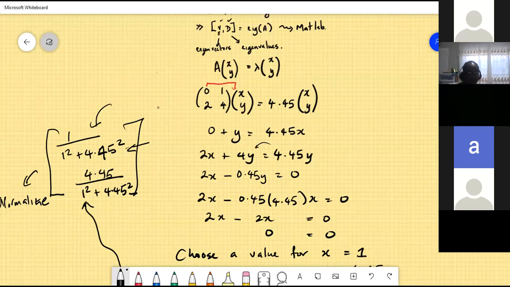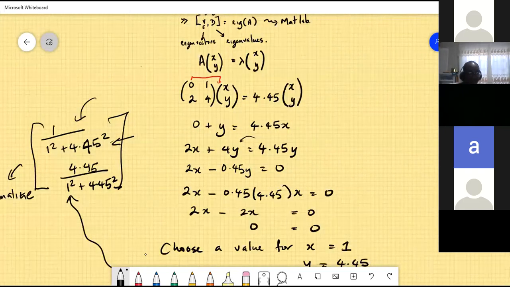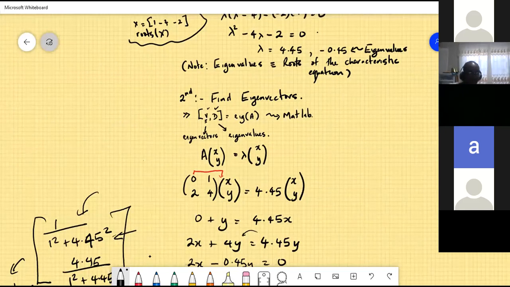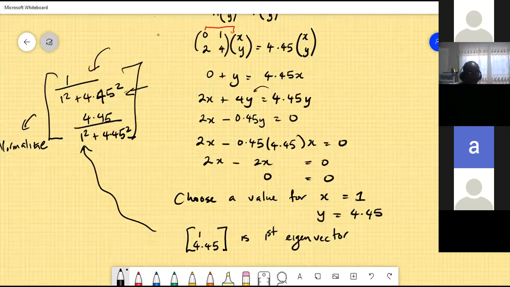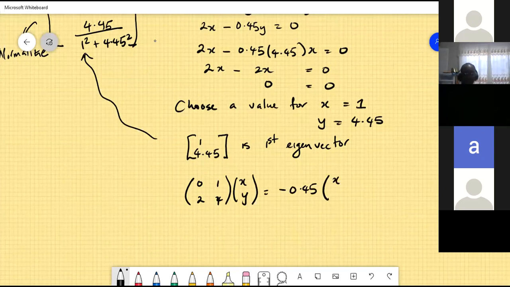All right, so the next one now is 2x plus 4y equal to negative 0.45x. So once again, we're going to get y is equal to negative 0.45x.